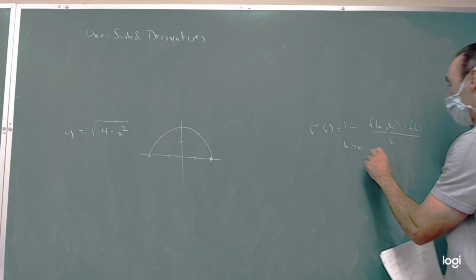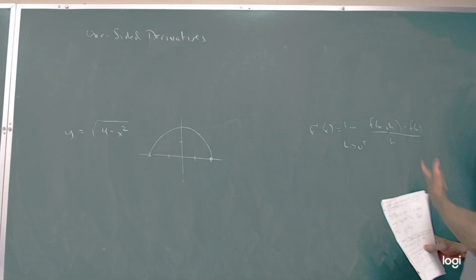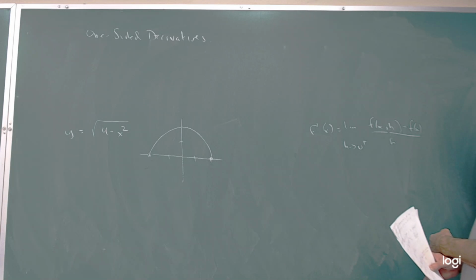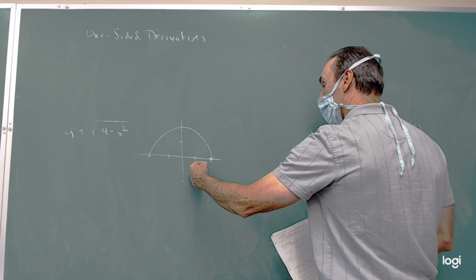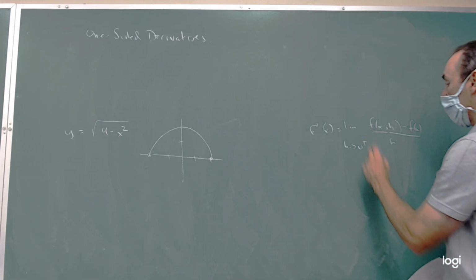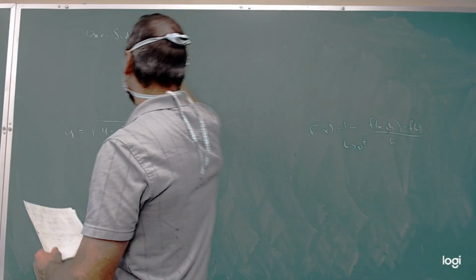If that limit exists, then we say the derivative exists at that point. And if we come in from the left, then we would just make that be a negative, and if that limit exists, then we say the derivative exists. I won't write it all out because it's a lot of words to say essentially that.